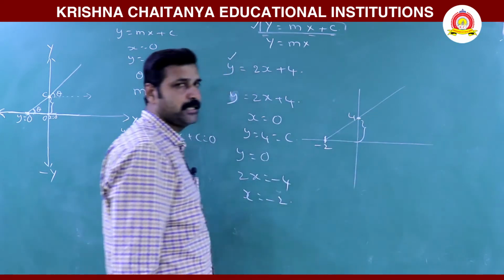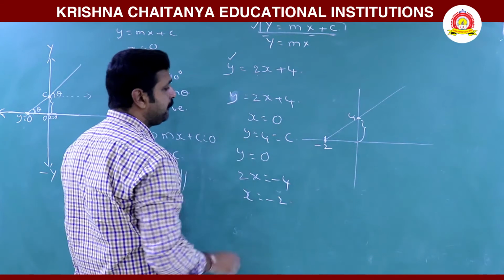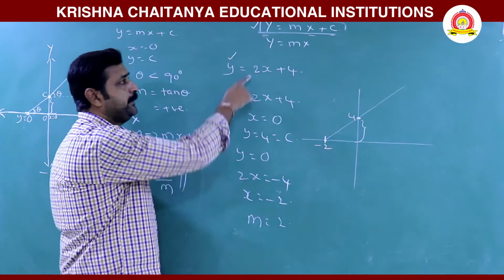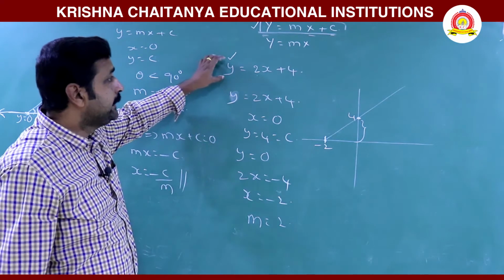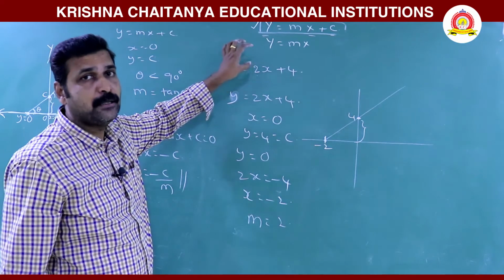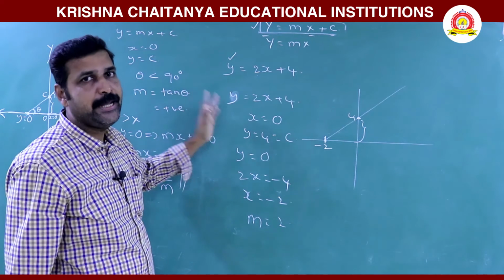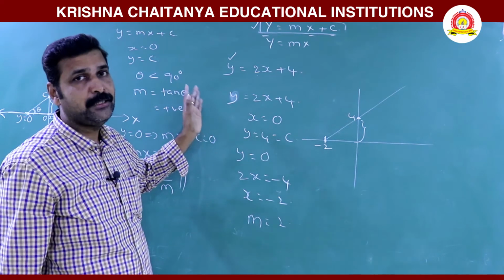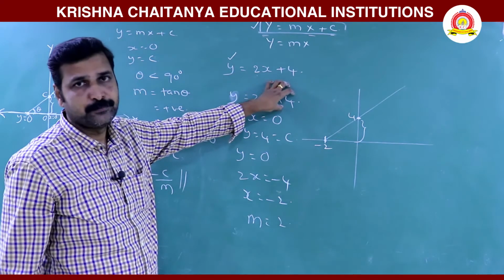So this is the straight line, in the form y is equal to mx plus c, where slope m is 2, which is positive. If y is given and slope is not given, then you can find the slope by the expression.